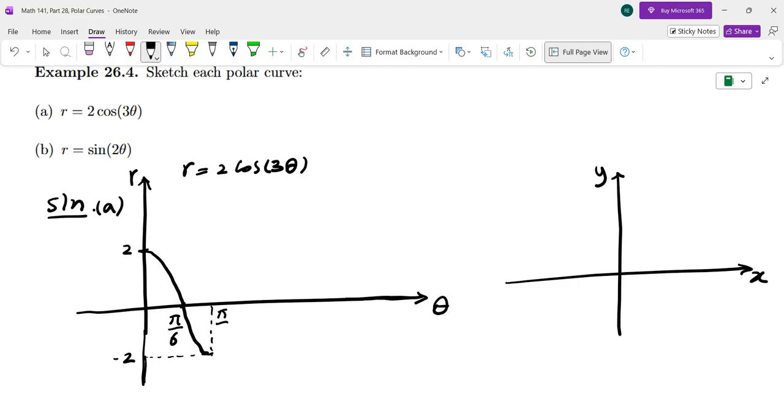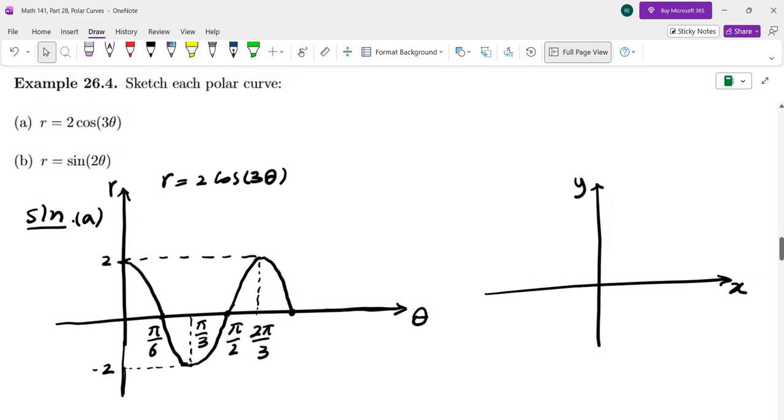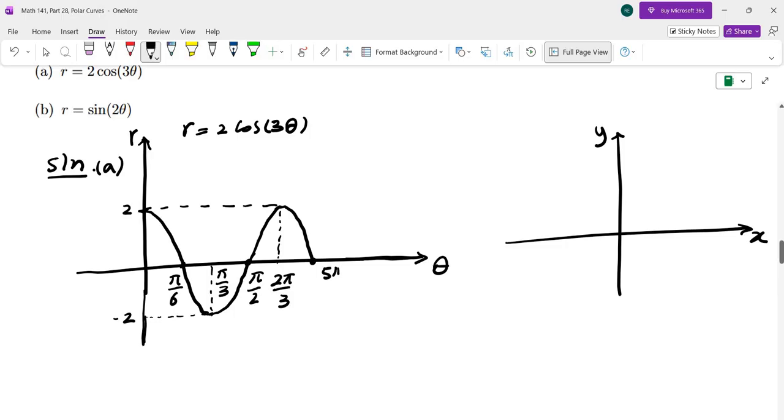At pi over 3, it gets to -2. Then it comes back up at 3 pi over 6, which is pi over 2. And then it goes back up, so that's 4 pi over 6, 2 pi over 3, and then it goes back down. So again, we have 5 pi over 6 goes down to pi.